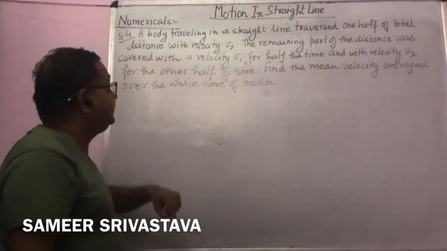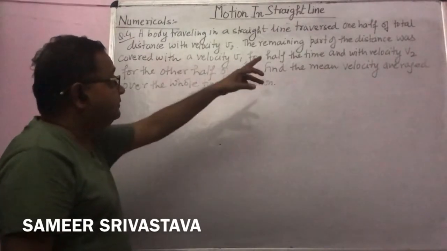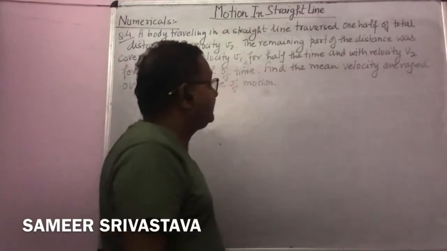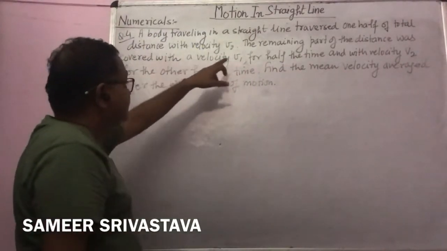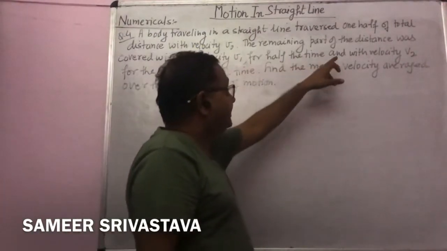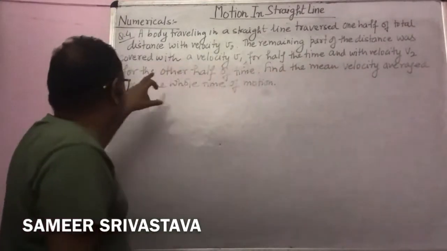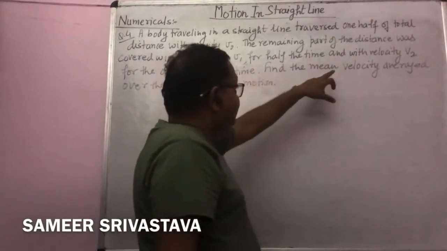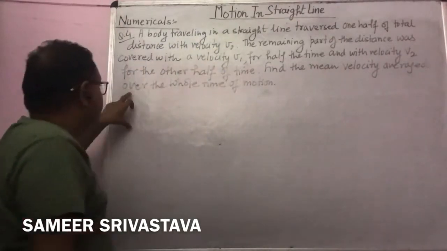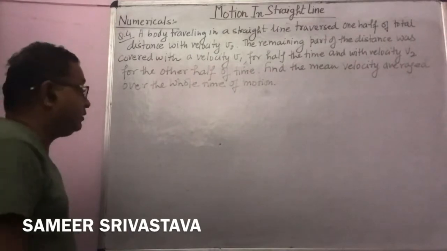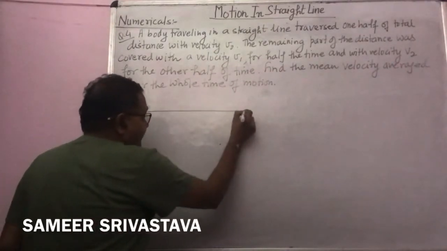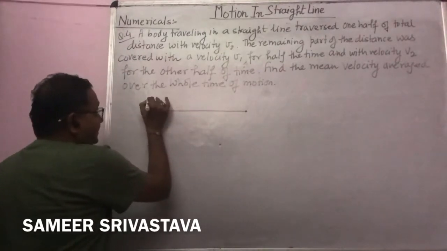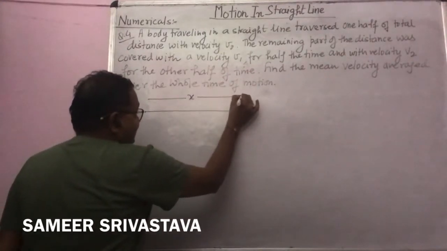A body traveling in a straight line traversed one half of the total distance with velocity v0 and the remaining part of the distance was covered with the velocity v1 for half of the time and with the velocity v2 for the other half of the time, right? Find the mean velocity averaged over the whole time of motion. What this question says: a body travels from this position to this position and we let the total distance be x.